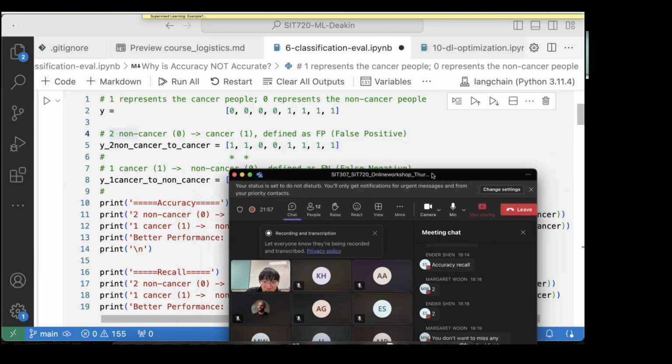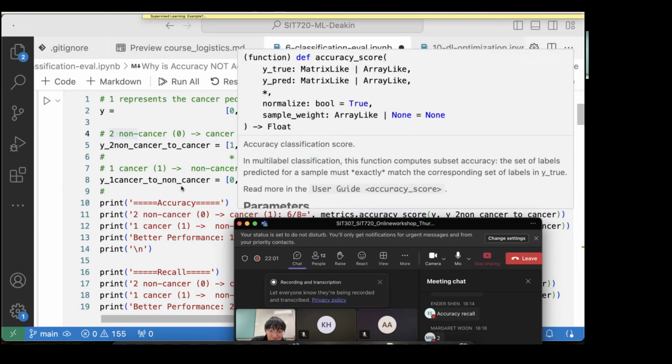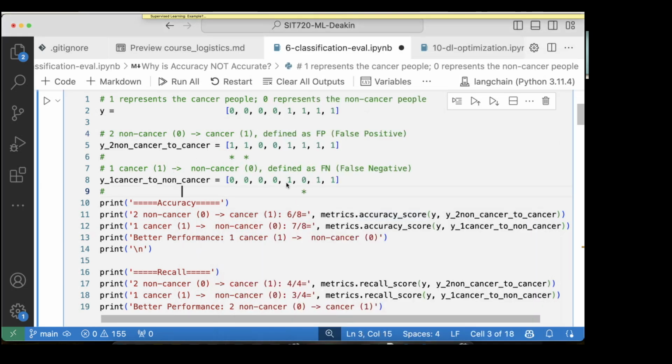What we want to say is that this false negative is really the thing we care about, right? Because we don't want the cancer people to be predicted as non-cancer people. Then these cancer people will feel good, go back home, think they don't have any issue, and then they will die at home. So this is a true issue.